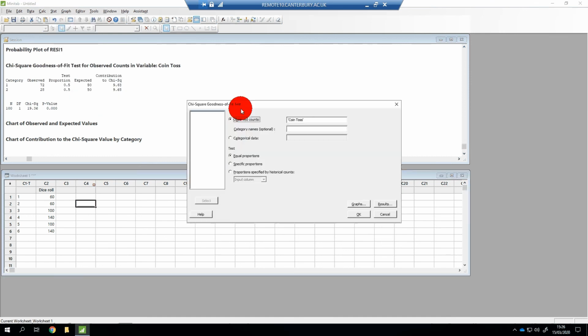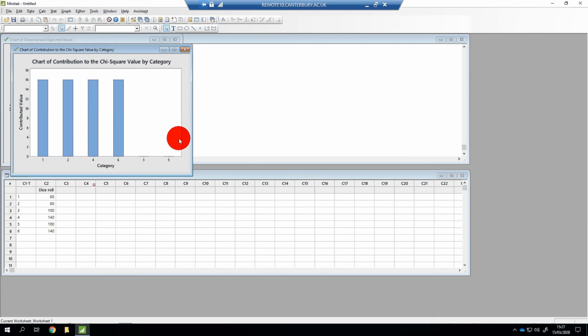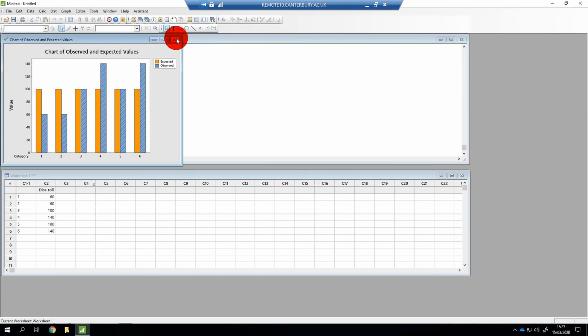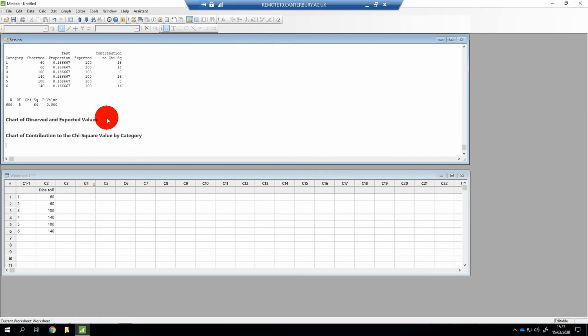And let's see if I change this to my dice roll and leave the equal proportions, is that what I would expect to find? Is the test going to tell me that I got the expected result? And again, look here, the p-value is less than 0.001. So again, there is something dodgy going on with the die I was using. The results do not match my expectations.